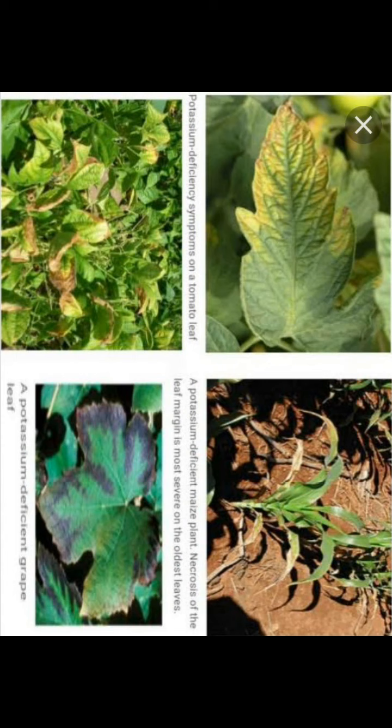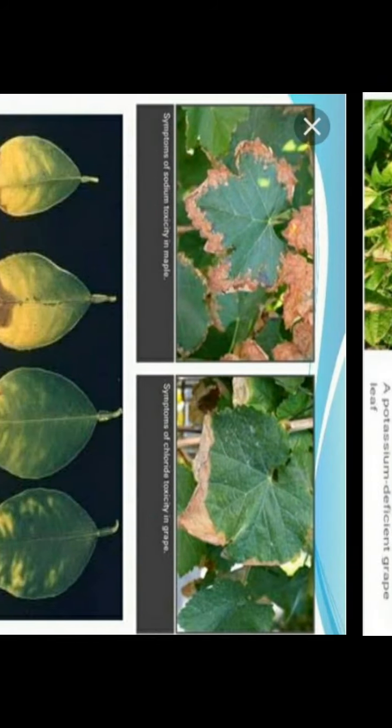Potassium deficiency, you can see in the first diagram. Potassium deficiency symptoms on tomato leaf. Then potassium deficiency in maize plant. Necrosis of the leaf margins is most severe on the oldest leaves. So potassium deficiency in grape leaf, and at the same time in different plants the same element shows different kinds of symptoms.